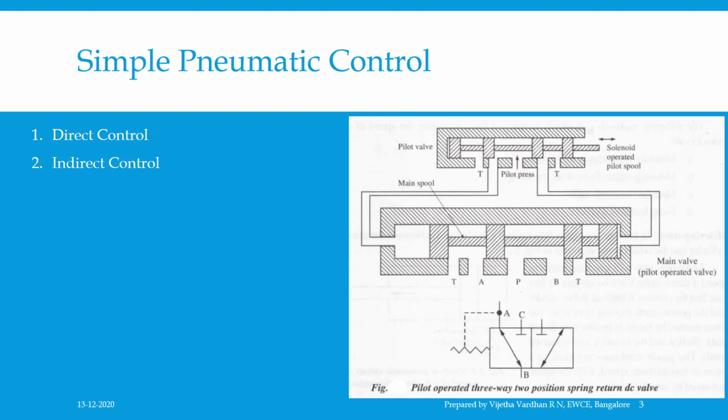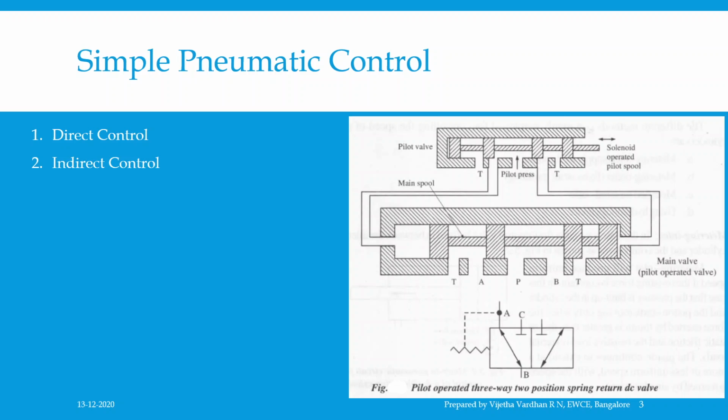The pilot valve directs the pilot pressure on one side of the end land of the main valve, and the force exerted on the land actuates the main valve. The pilot valve is actuated by any of the methods used for actuating a valve, such as manual, mechanical, solenoid, etc., depending on the force required.